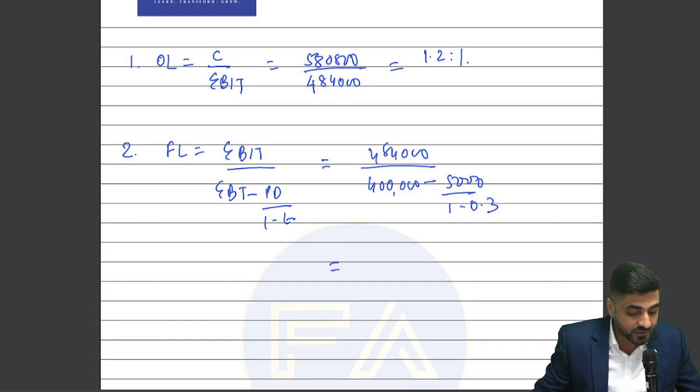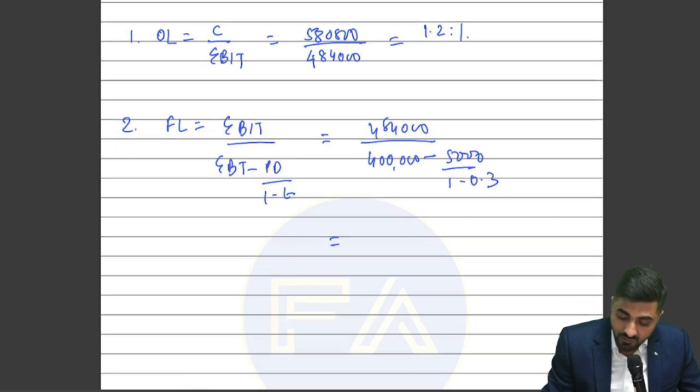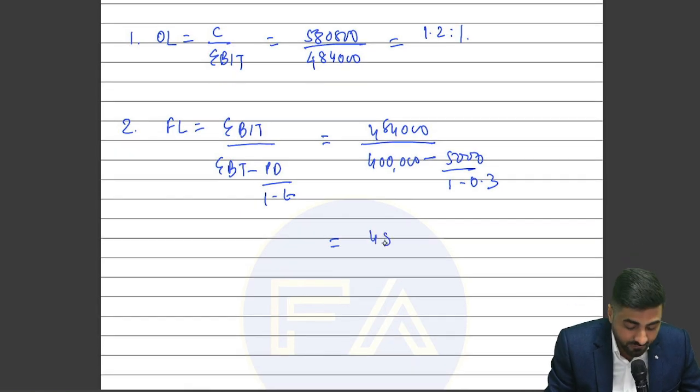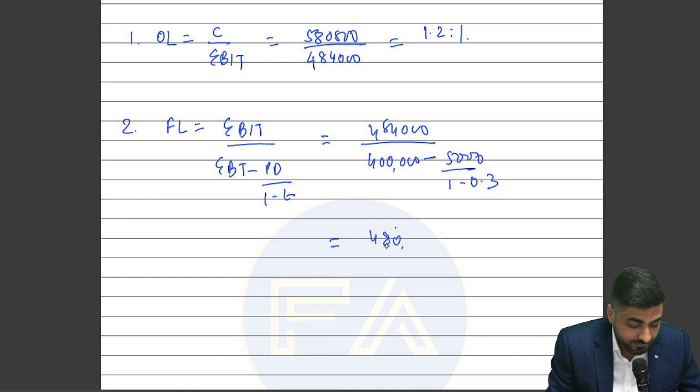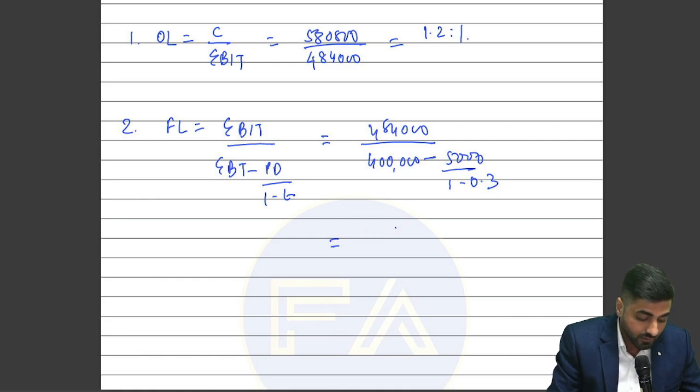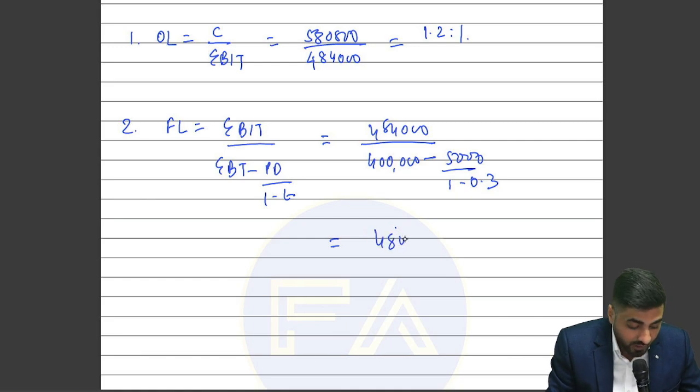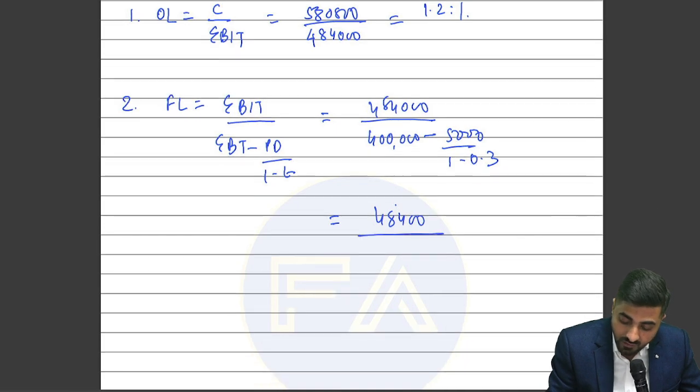Be very careful, because here 1000 divided by point. Okay, so now it will be 4,80,000. I am going to divide this with what? 4 lakh. 7142.